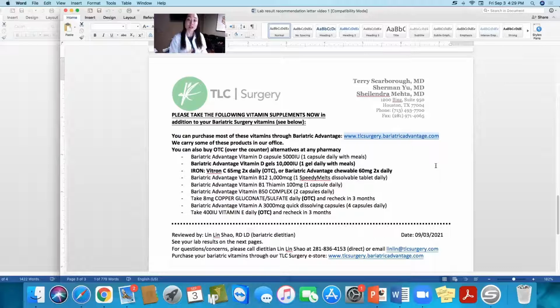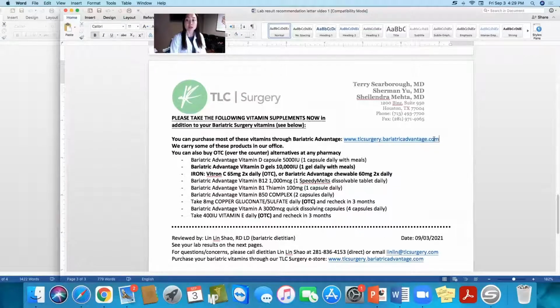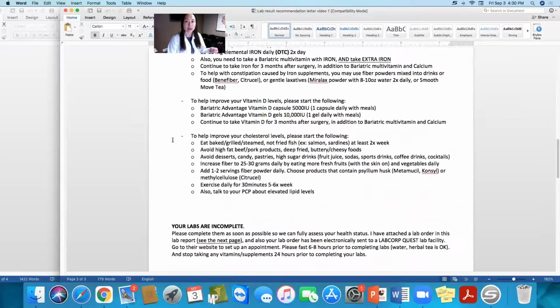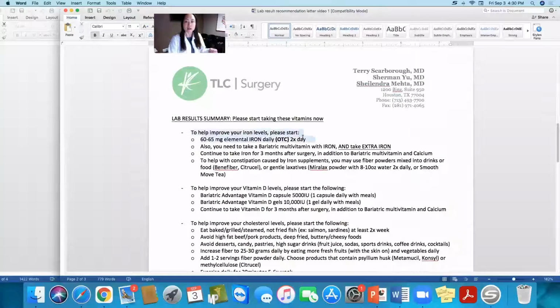We carry some of these products in our office, but you can also buy these directly online. So take a look at this list. This will show you exactly what you should be taking now, in addition to your bariatric vitamins. Now, a very common question I get asked is, well, I'm taking a multivitamin that has iron, and you're telling me that my iron levels are low.